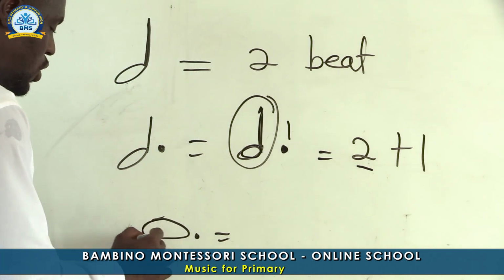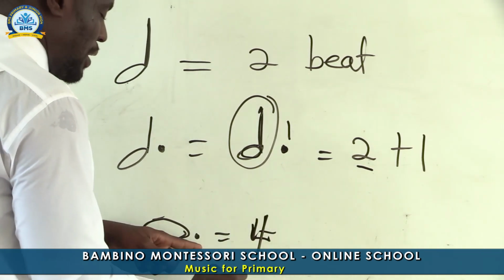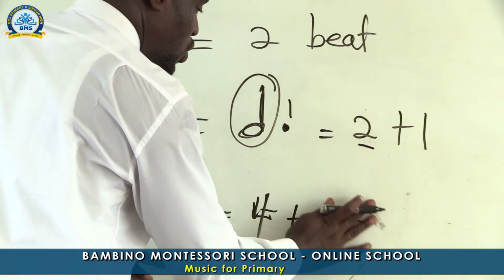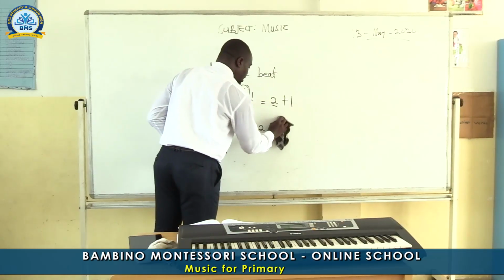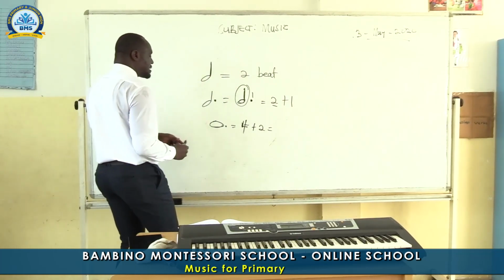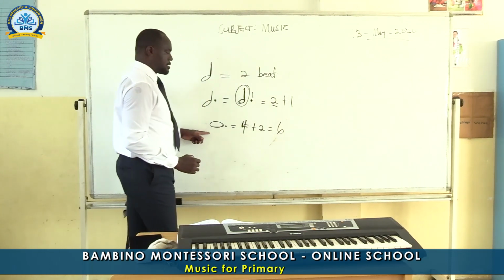This whole note is already 4 beats, plus 2, and it will be 6. So you are going to lengthen the value of this note to 6.